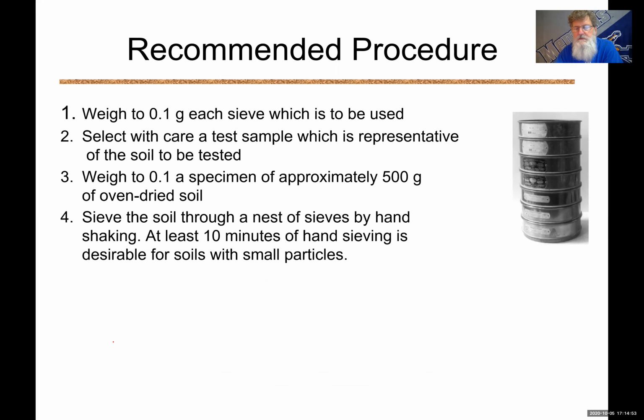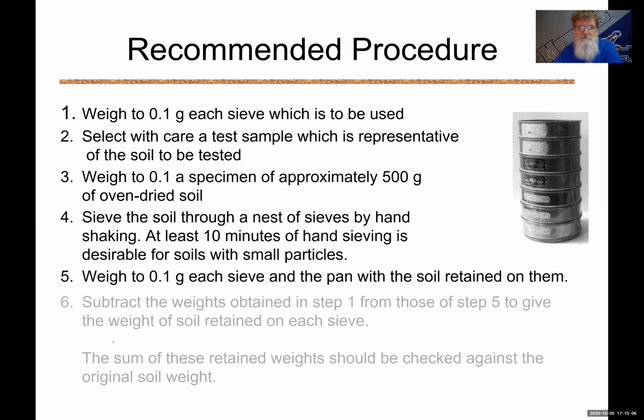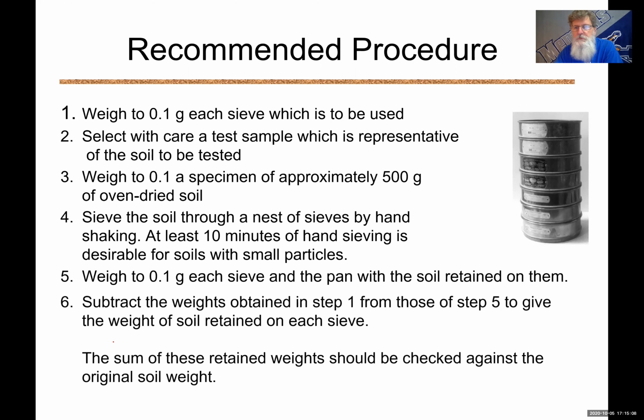I usually let it shake for about 10 minutes. Then we carefully separate the sieves and weigh them again. So you have a weight of the sieve empty and then a weight of the sieve with material trapped. The difference is the mass retained on each sieve. You go through each sieve carefully, weighing them before and after. Then when you're done, we usually throw the material away, clean the sieve as best we can, and then we're ready for another example.